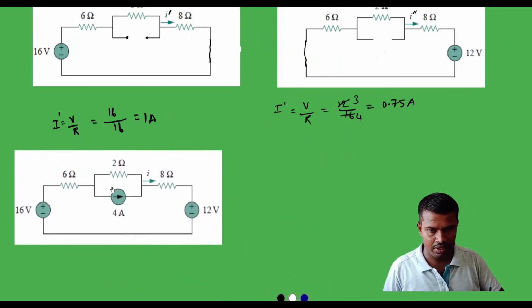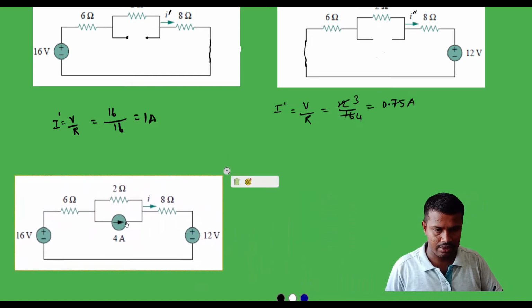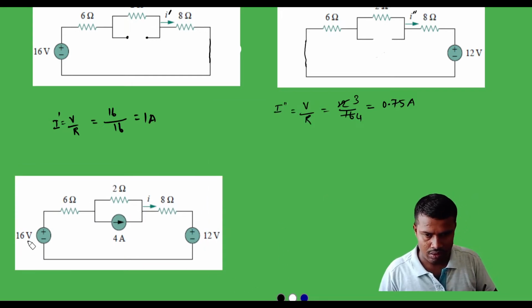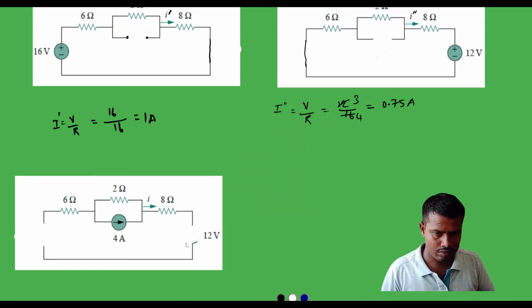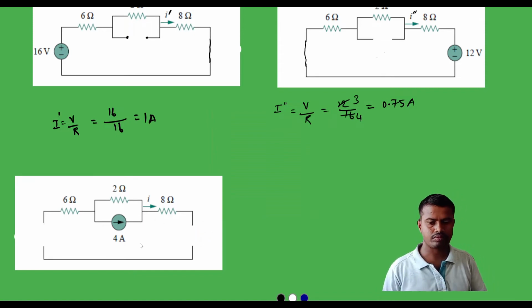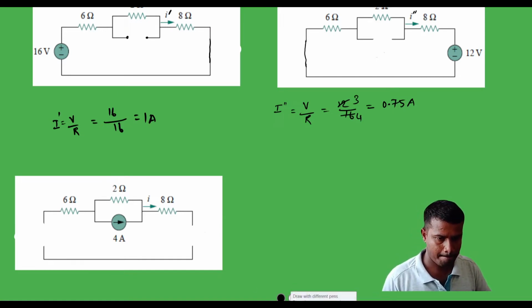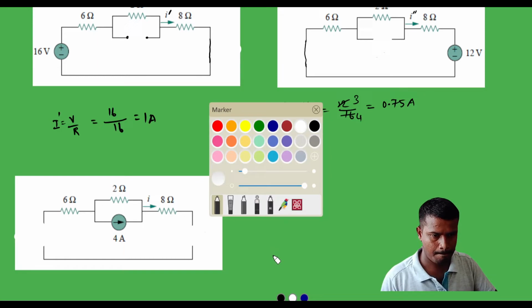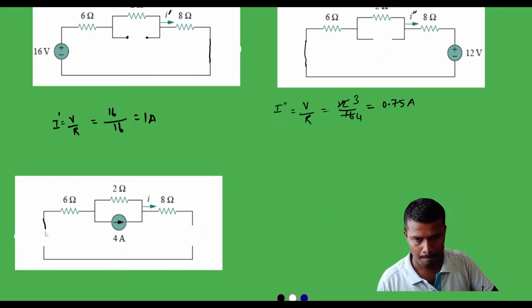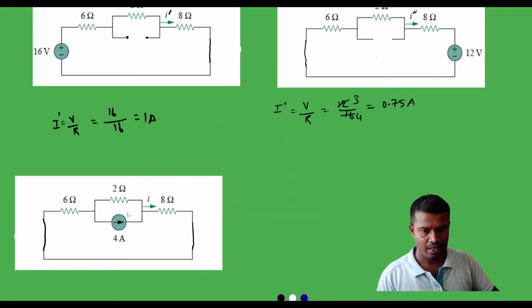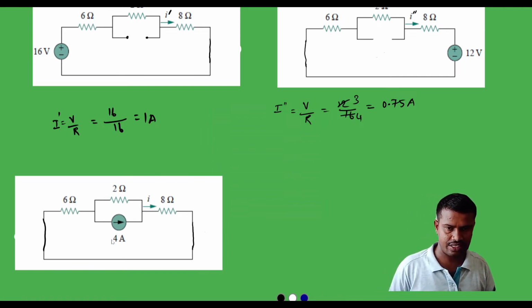In this step, we will activate the current source. We have short circuited both the voltage sources and the current source is considered.